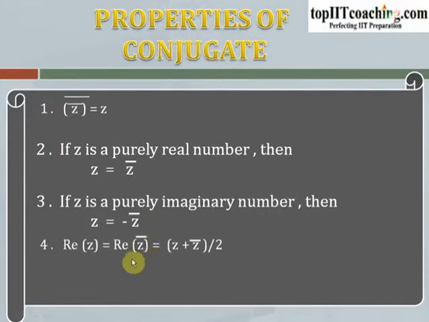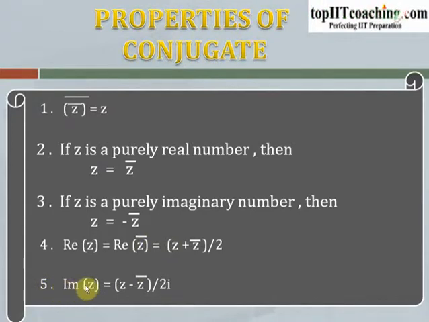The next property is, the real part of z is equal to the real part of z conjugate, and this is equal to z plus z conjugate divided by 2. So the real part of z is equal to z plus z conjugate divided by 2, and this is also equal to the real part of z conjugate.